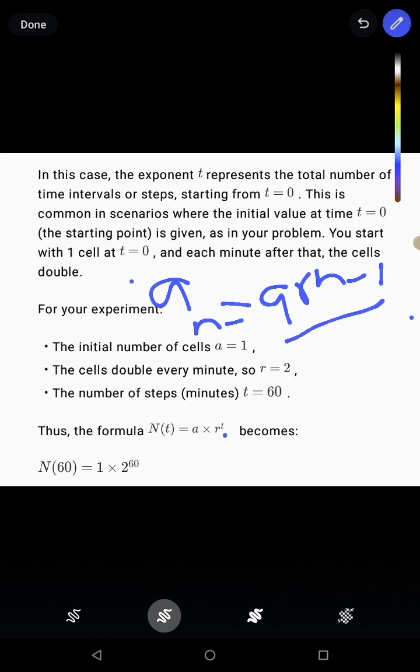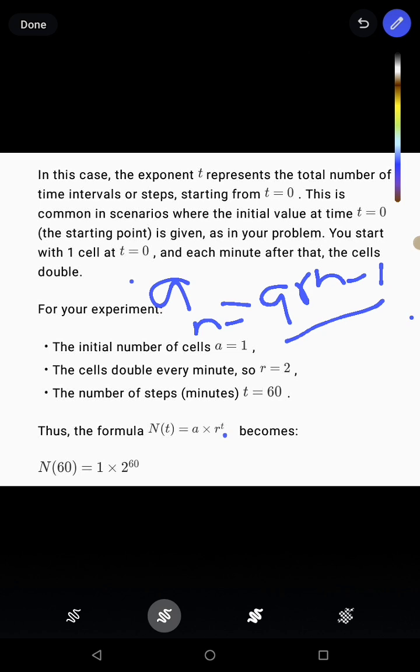They said after every minute, we started with 1, that is before counting the time at all. It hasn't doubled yet, and the time has not started counting. After the first minute, then it has doubled. So when it hasn't doubled, that was at time t equals 0. Do you get what I'm saying now?